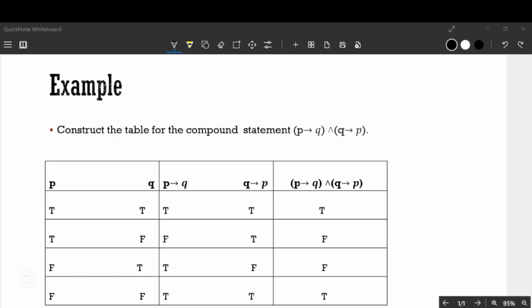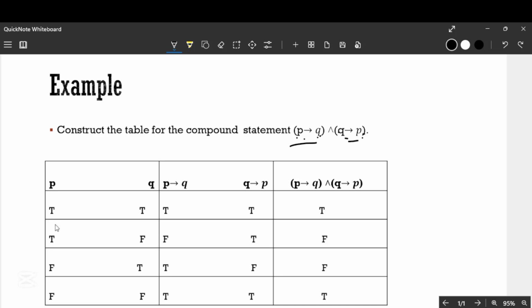Under this example, we are to construct a table for the compound statement P implies Q, conjunction, Q implies P. Here we need to create a column for P and Q separately, then P implies Q separately, and Q implies P also separately, and at the end we put the two together.